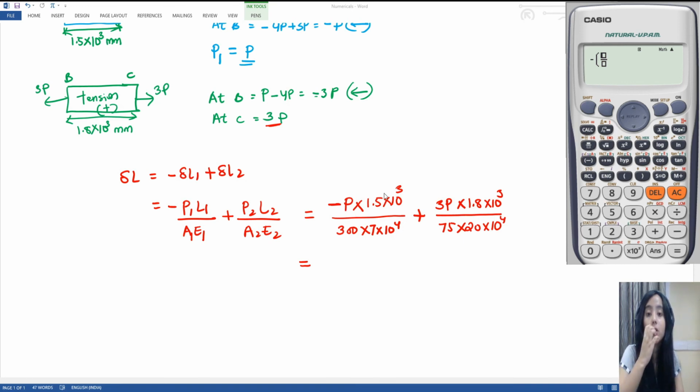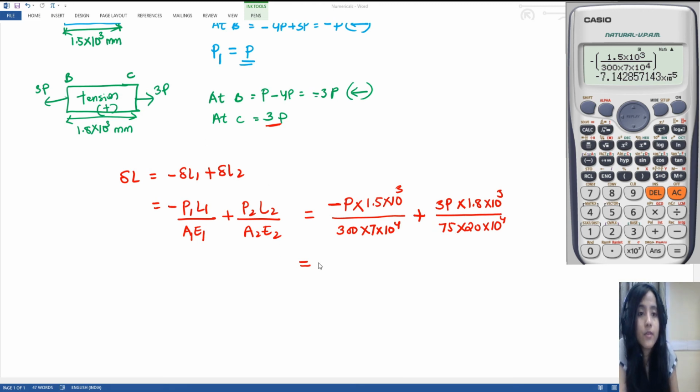So finally, 1.5 into 10 raised to power 3 divided by 300 into 7 into 10 raised to power 4 will give me minus 7.14 into 10 raised to power minus 5 P.